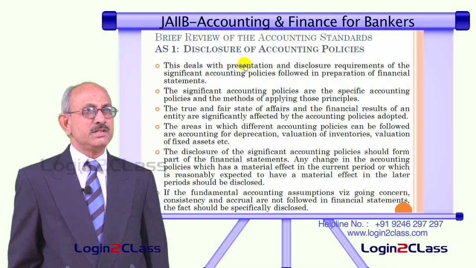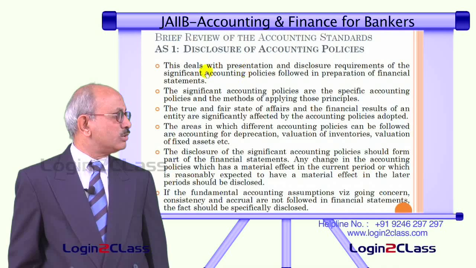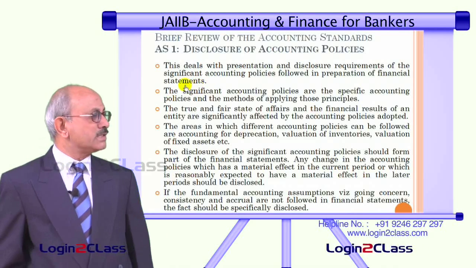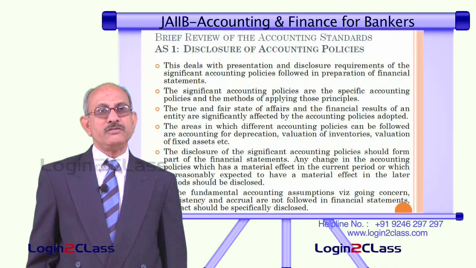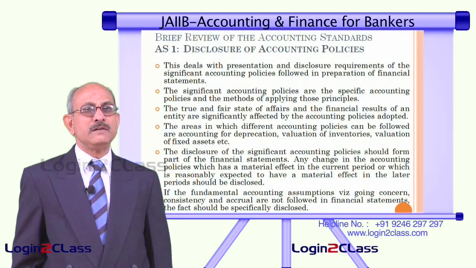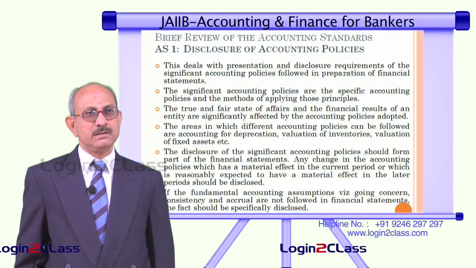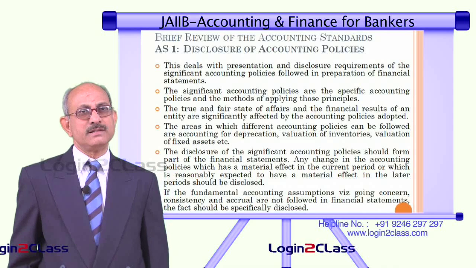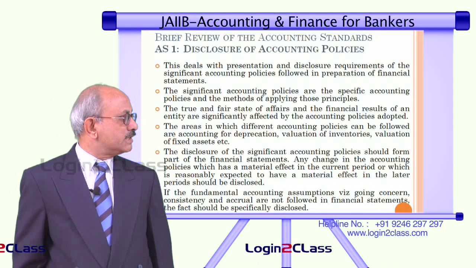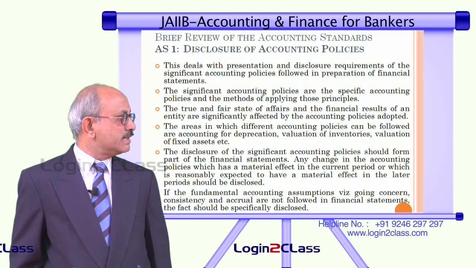This, as the name suggests, deals with the presentation and disclosure requirements of the significant accounting policies followed in the preparation of financial statements. As we know, each entity is allowed to follow different accounting policies in order to suit its own needs, and in respect of which the choice is given to the entity.